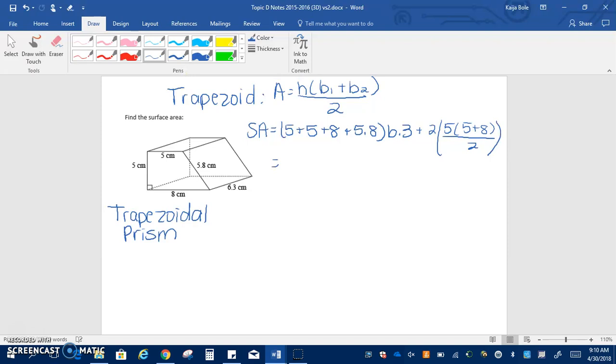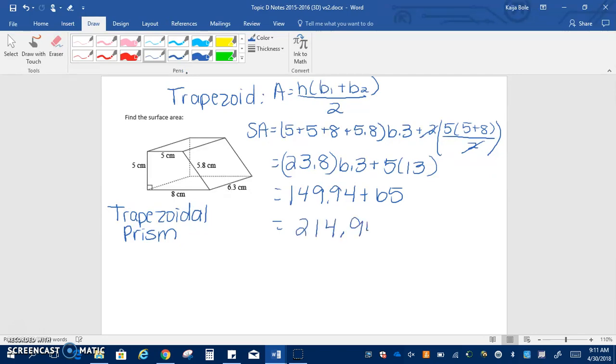If we add up the inside of our first parentheses, we get 23.8, and this is going to be times 6.3, plus our 2's here cancel, so you can really just get rid of them. Then we'd have 5 times 5 plus 8 gives us 13. When you multiply first here, you get 149.94 plus 65. And when you add these together in total, you get 214.94 centimeters squared.